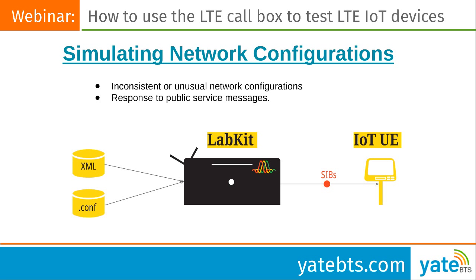And the other is we have multiple customers who are checking how devices respond to public service messages, like in the United States, presidential alerts, or in Japan, the earthquake tsunami warning system. These systems go by different names, but they all do pretty much the same thing and work in pretty much the same way in LTE.